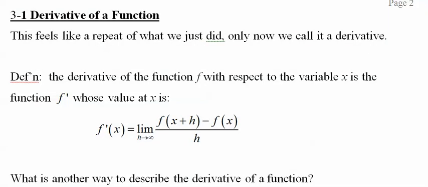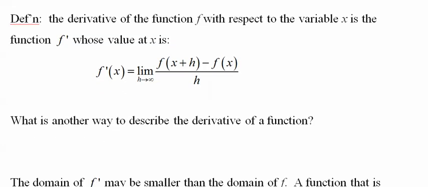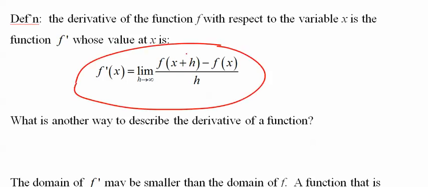So this feels like a repeat of what we just did, only now we call it a derivative, and that is actually fairly on purpose. We want to make sure we're clear on where the derivative comes from as a limit as we get closer and closer to the instantaneous slope on a line. So hopefully this looks somewhat familiar.